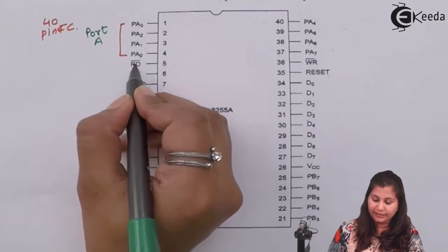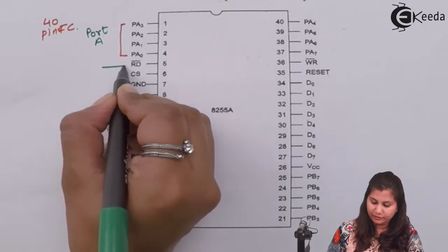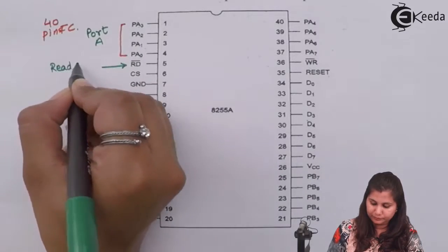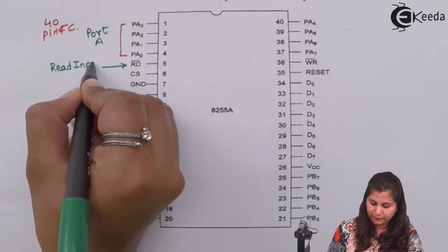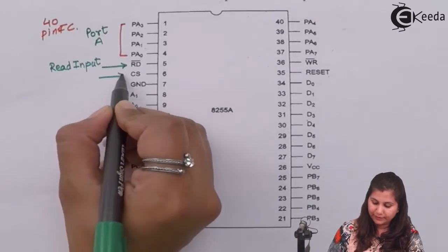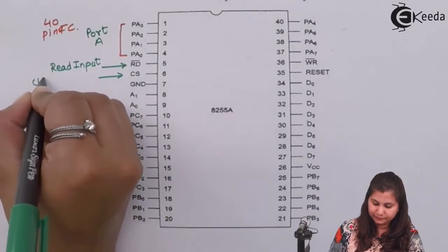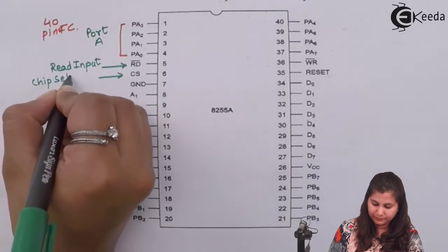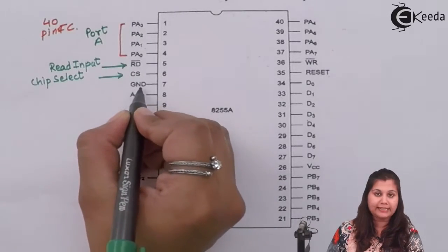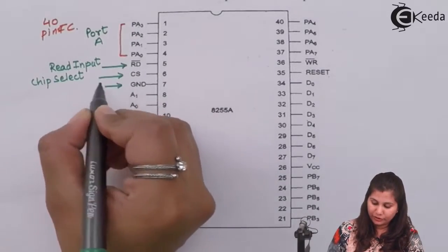Then we have RD bar. This is the read input. Then CS, it is chip select. GND, this is for the ground connection.